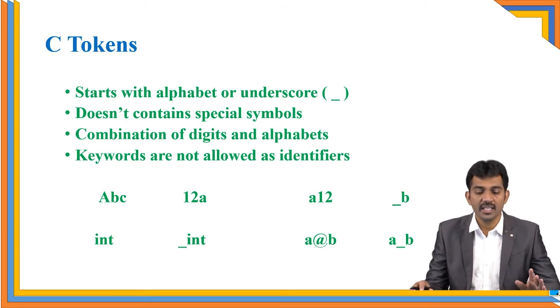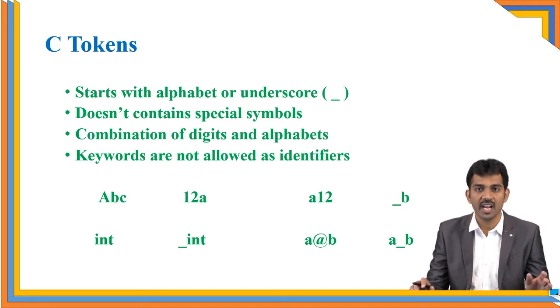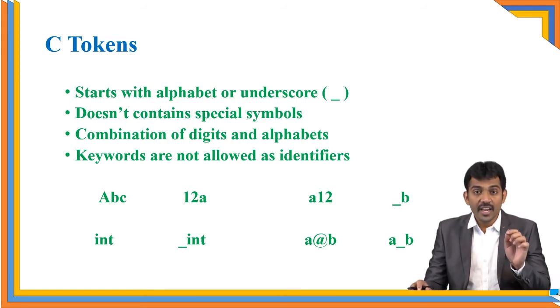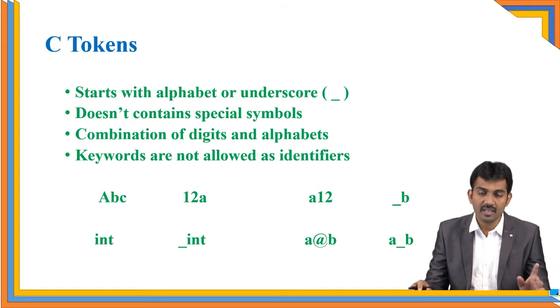It doesn't contain any special symbols, like the @ symbol or hash symbol. An identifier can be a combination of digits and alphabets, but it does not start with a digit. It starts with either an alphabet or an underscore. That is very, very important.